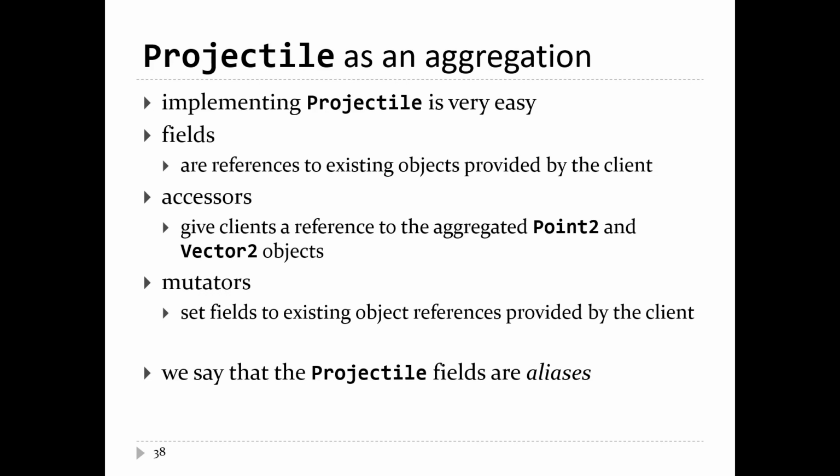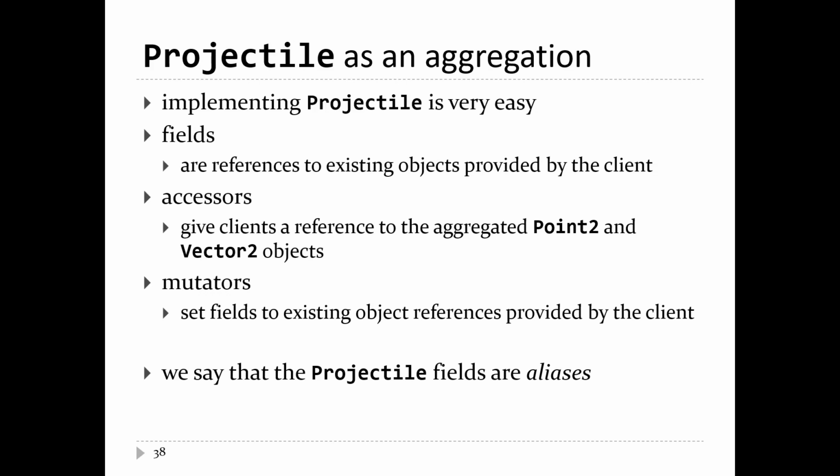The fields are just references to existing objects, sometimes provided by the caller or the user of the class. Our accessor methods getPosition and getVelocity simply return references to the aggregated point2 and vector2 objects. So in other words, we just hand out references to our internal fields. And the mutator methods simply set our internal fields to existing objects that are provided by the caller.